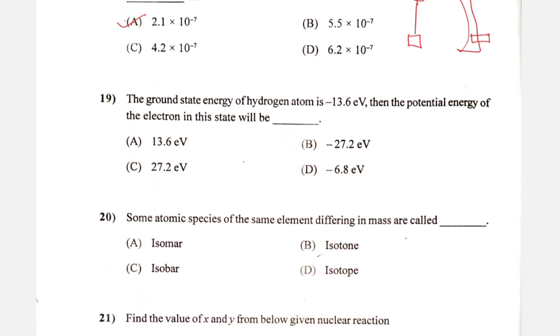The next question: the ground state energy of a hydrogen atom is minus 13.6 electron volt. The potential energy in this state, we know that potential energy PE is equal to 2 times the total energy.